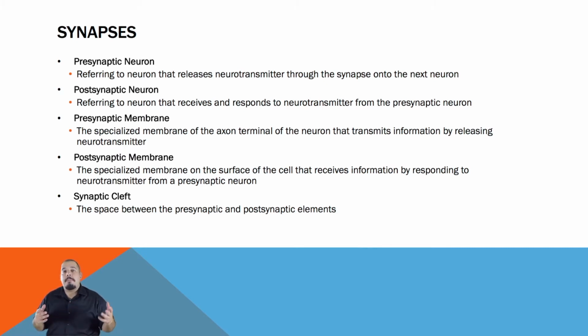The presynaptic membrane is the part of the presynaptic neuron where the chemicals enter the synapse. The postsynaptic membrane is the part of the postsynaptic neuron in which the chemical enters the postsynaptic neuron. The synaptic cleft is the space in between the presynaptic and postsynaptic membranes that the chemicals pass through.